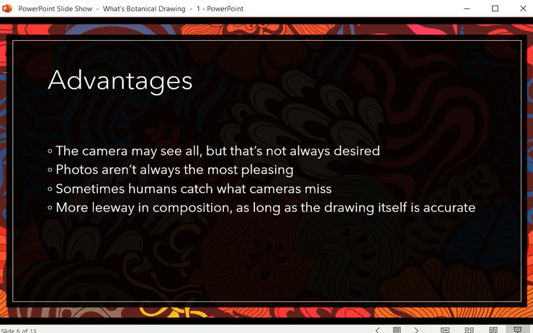Now, there are a lot of advantages to botanical illustration as opposed to photos. Now, the camera sees all, but that's not always what you want. Sometimes the camera sees too much. And photos aren't always the most pleasing.